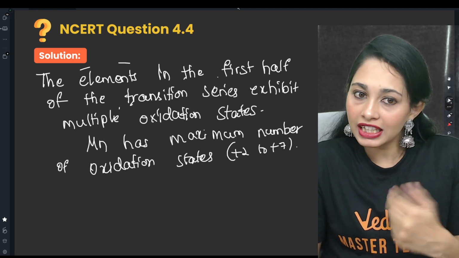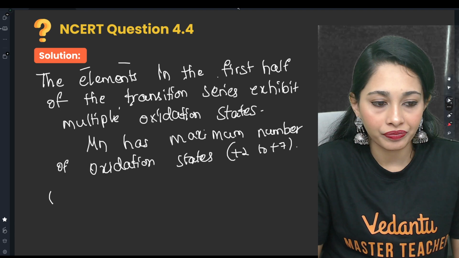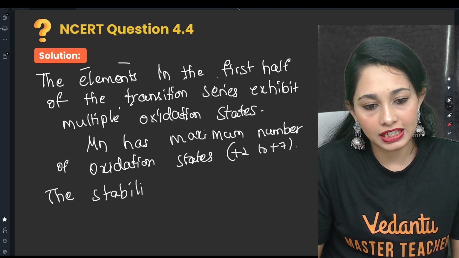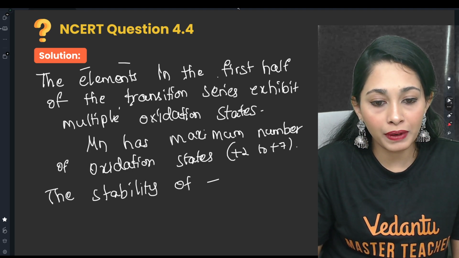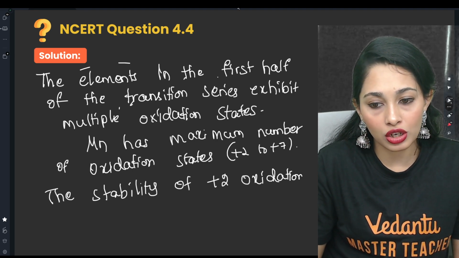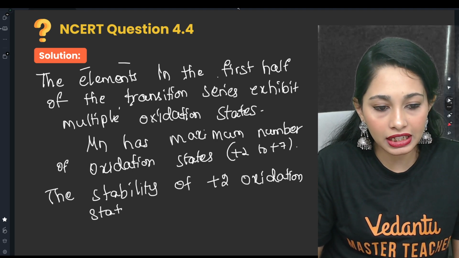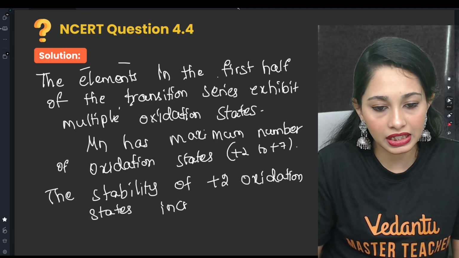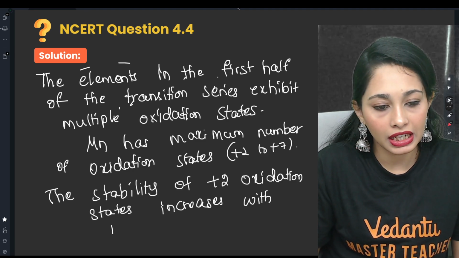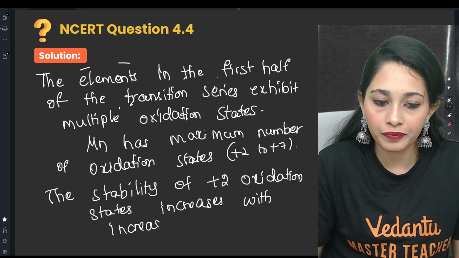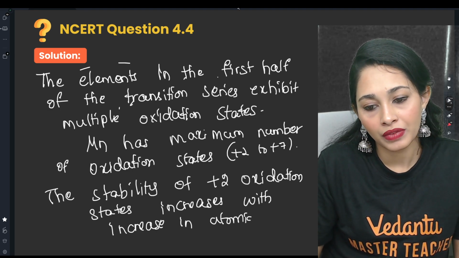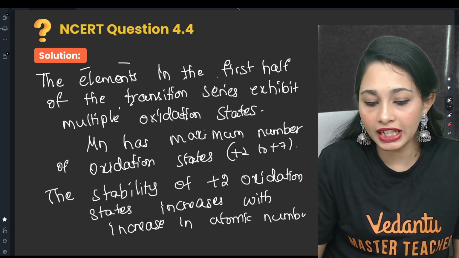So let's take an example of the same. The stability of +2 oxidation states increases with increase in atomic number. Scandium's atomic number is 21.